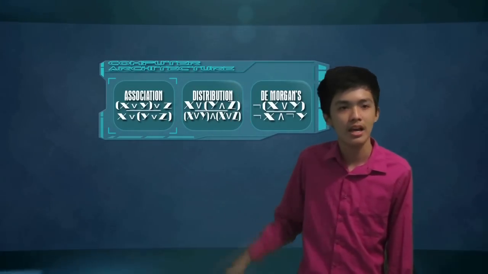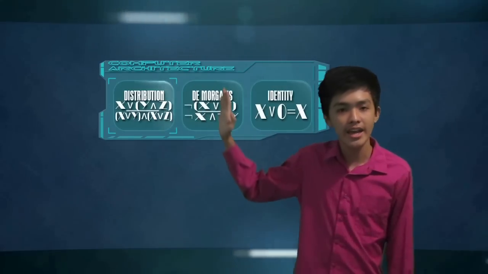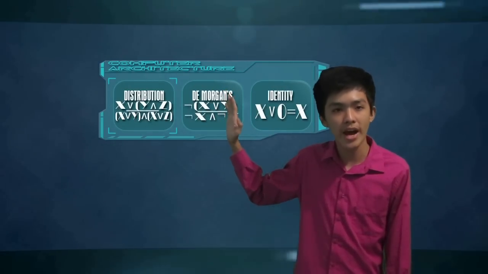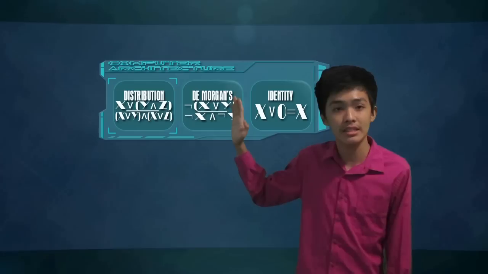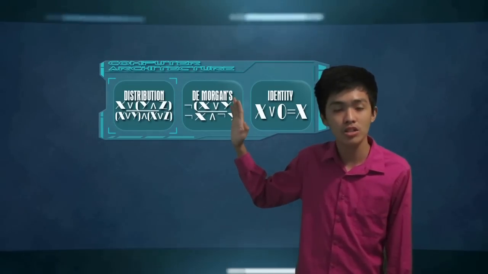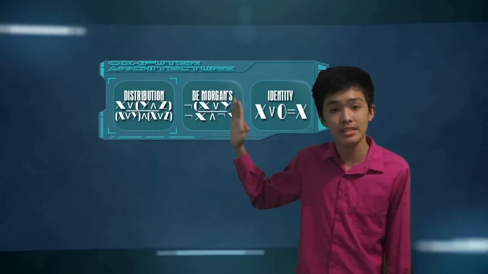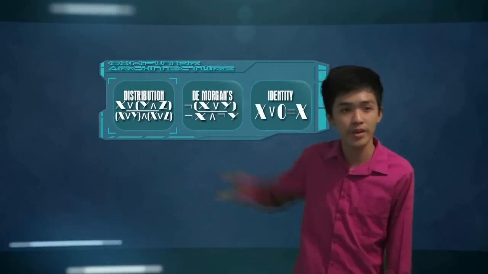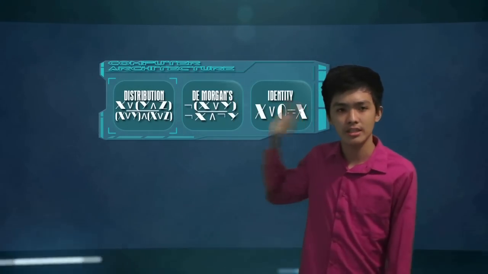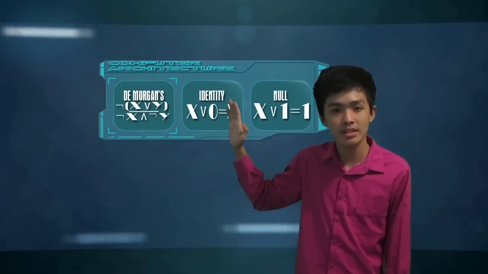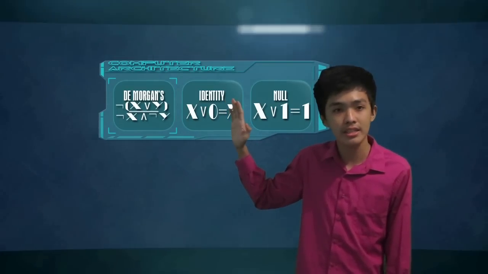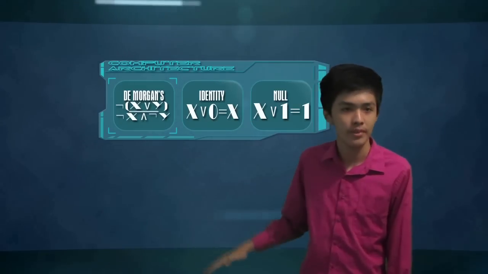Distributivity: x or (y and z) is equal to (x or y) and (x or z). De Morgan's: not (x or y) is equal to not x and not y.